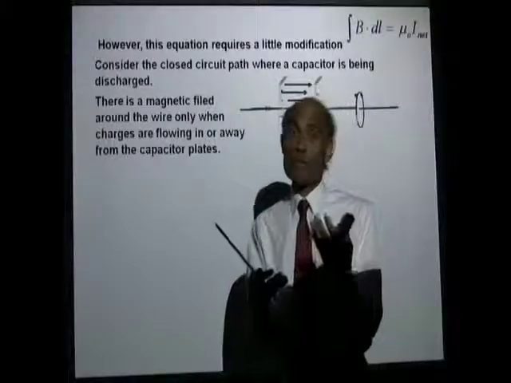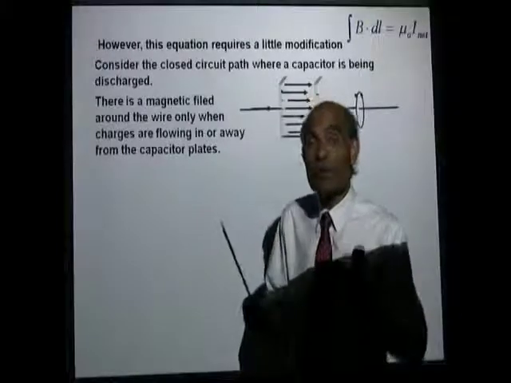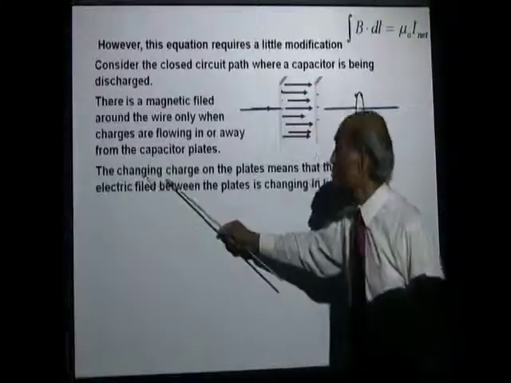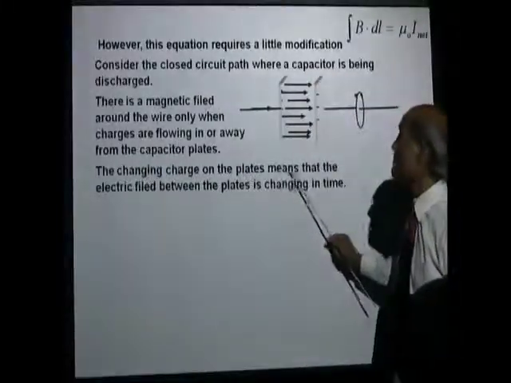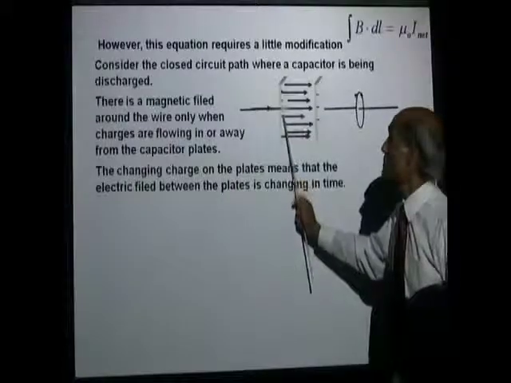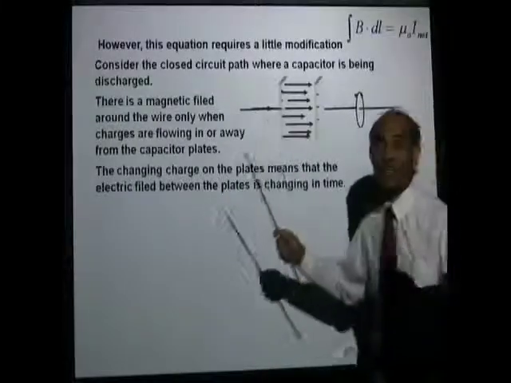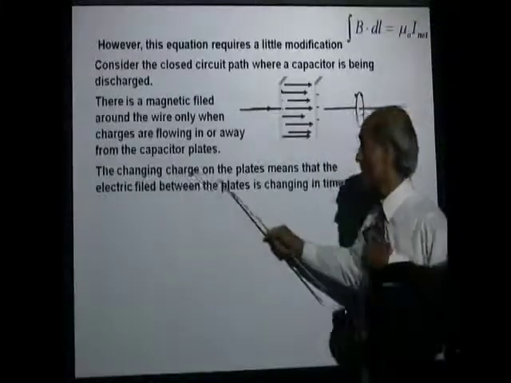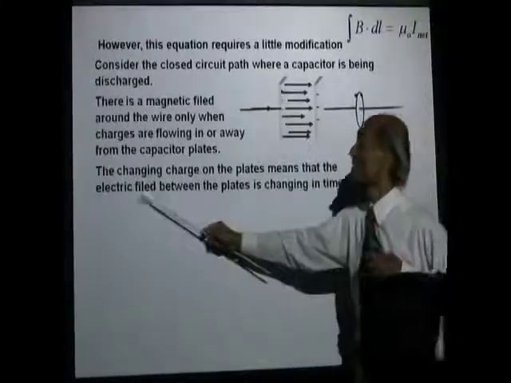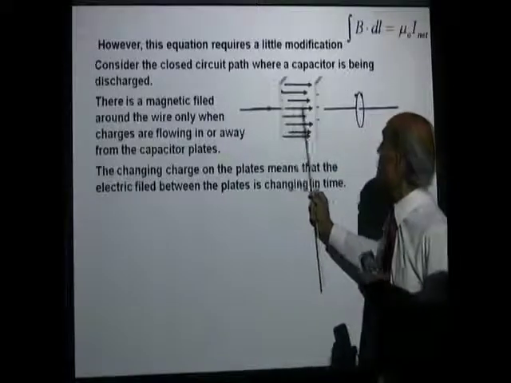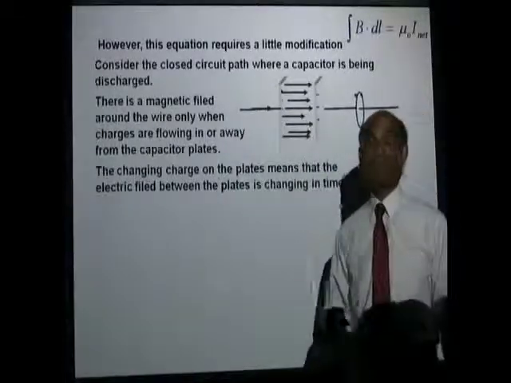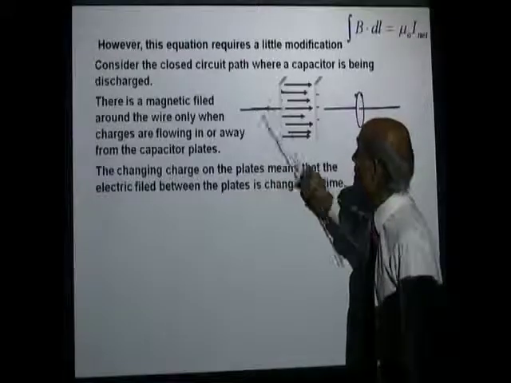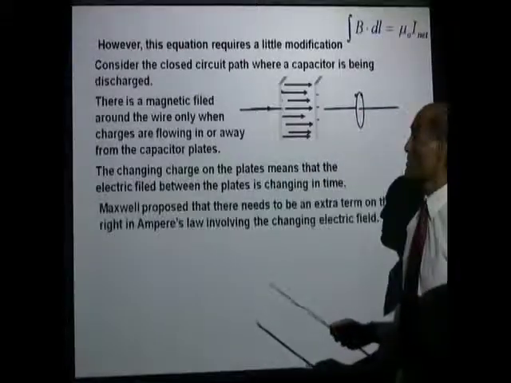Remember, magnetic fields are created only when electric charges are in motion. When the capacitor is discharged, the charge on the plates is changing. So the electric field between the plates is changing, and the magnetic field around the wires is also changing.